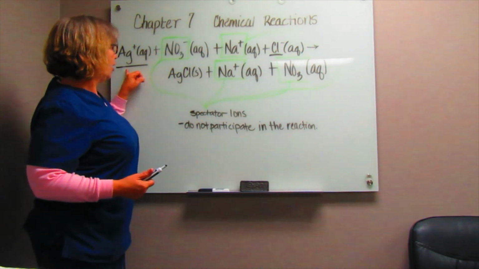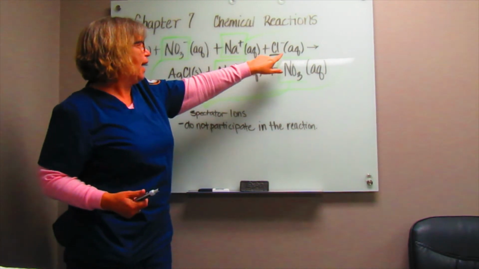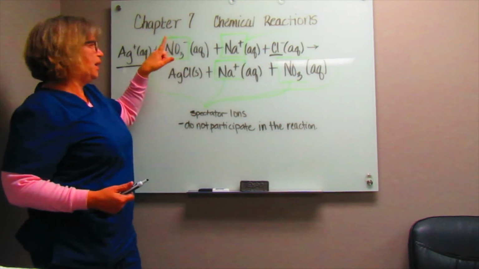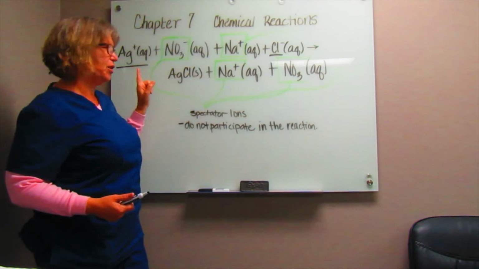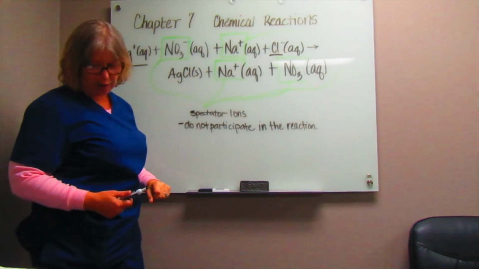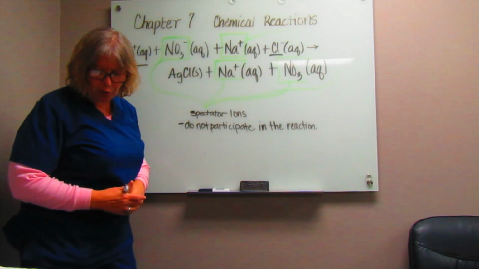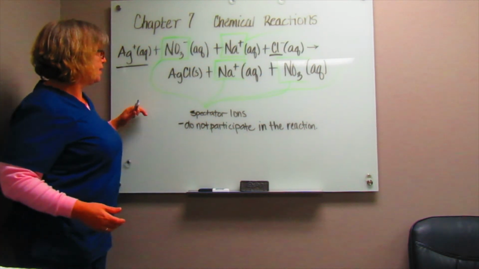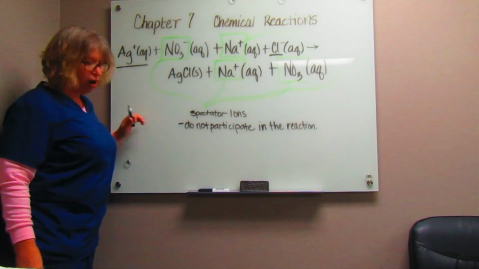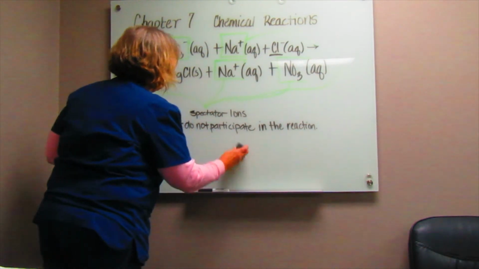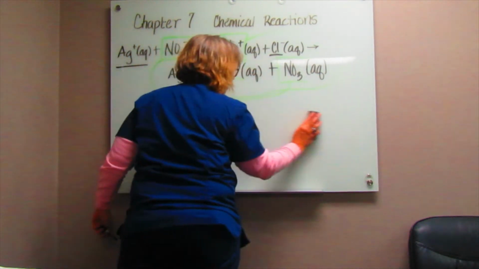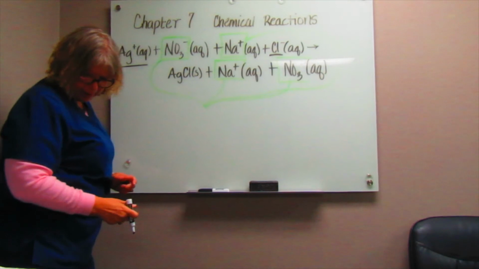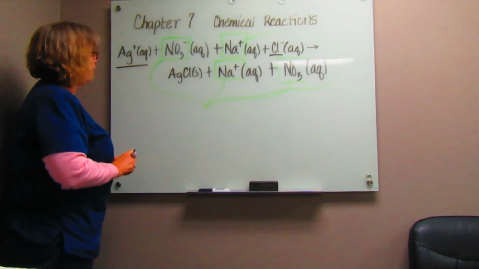We take a look at our elements here and what their states are on the reactant side of the equation and on the product side of the equation. Okay? So we can actually simplify this equation and all of our spectator ions can be omitted. And we can actually rewrite this equation and it'll appear like this.